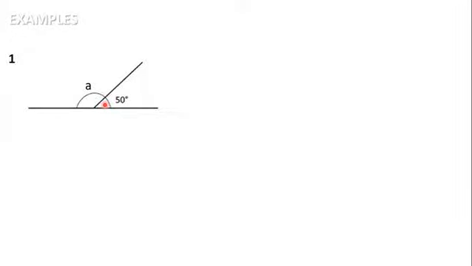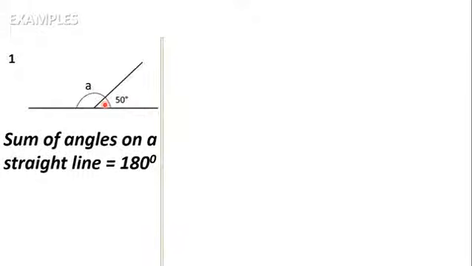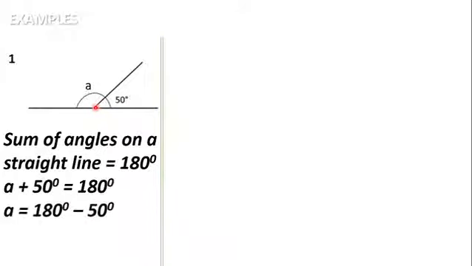Obviously we are aware that the sum of angles on a straight line is 180 degrees, and what that implies is that if we had A and 50 degrees together, we get 180 degrees. And if that is so, then A would be equal to 180 degrees minus 50 degrees, and the value of A will be 130 degrees.